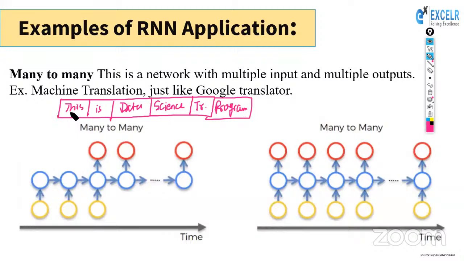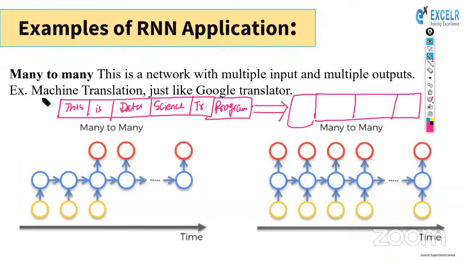Let's suppose I have this kind of sequence of words as the input, and then I need to translate this sequence of words from one language to another language. So let's say this is in English, so from English to, let's suppose, French or some other language.